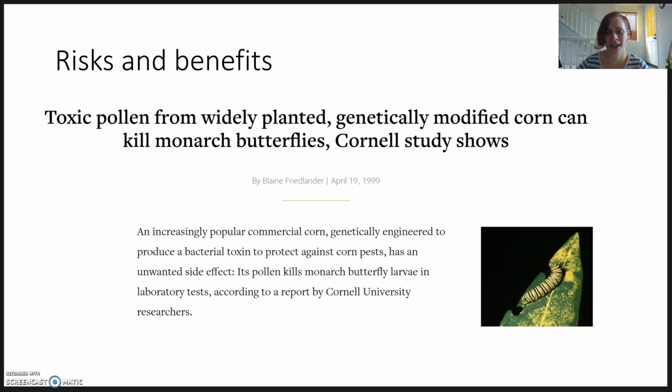But the study was repeated, and they found that there's no significant difference between the populations near the GM corn and the other fields, so it was completely debunked. But it's really important to know that all this stuff relies on scientific reliability and repeatability. Otherwise, the facts can become lost in sensationalist news and panic.